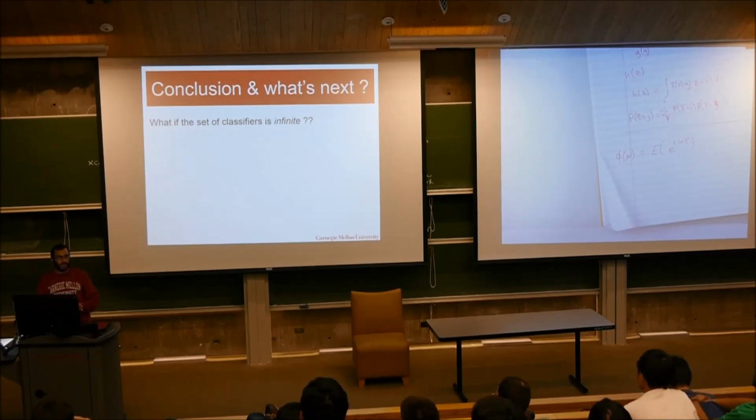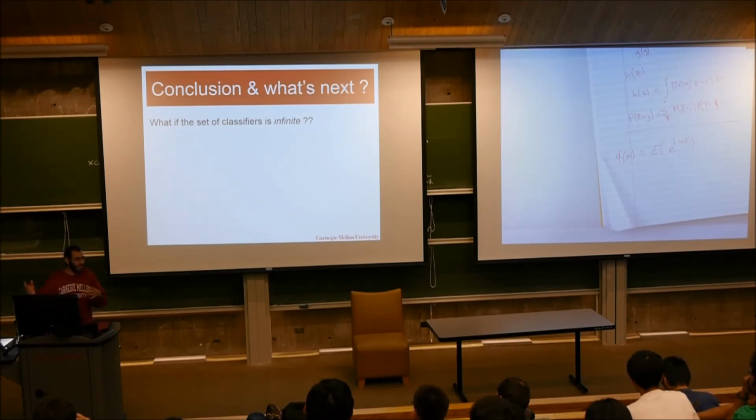So for example, if you do something like logistic regression or any linear classifier, you have a number of parameters that are real. So the number of classifiers you can build is infinite actually. And so just using the union bound won't work. It will give you a probability bounded by infinity, which is not that helpful, right?